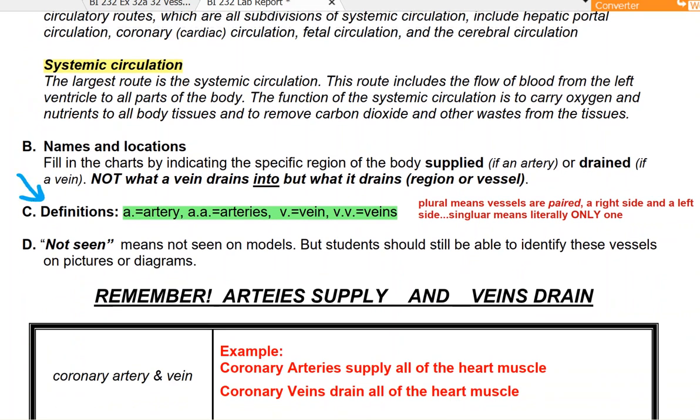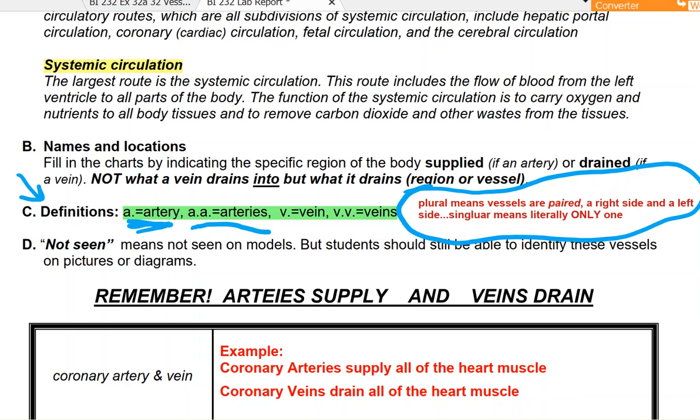This green highlighted piece is really important. If there's only one of the vessel, it's a period, lowercase a, period, and if there are paired vessels, it is a dot a dot. That's what I have highlighted here. Plural means vessels are paired, there's one on the right side and one on the left side, and singular means there's really just one.